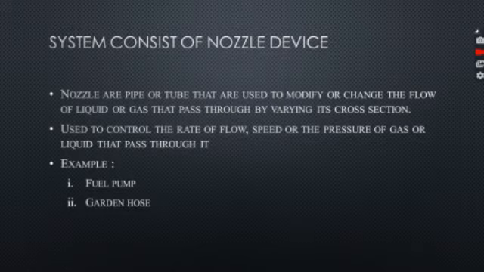In other words, nozzle is a device that increases the velocity of a fluid at the expense of pressure. Some examples of systems consisting of nozzle devices are garden hose and fuel pump.